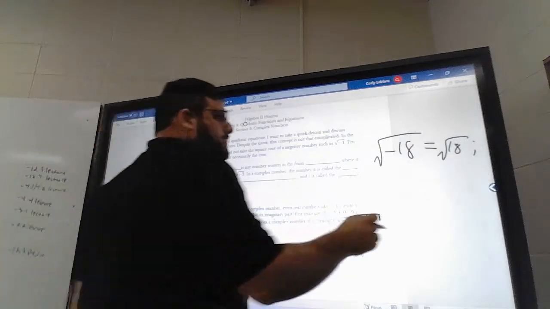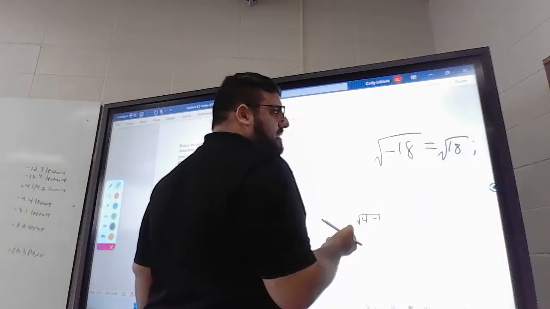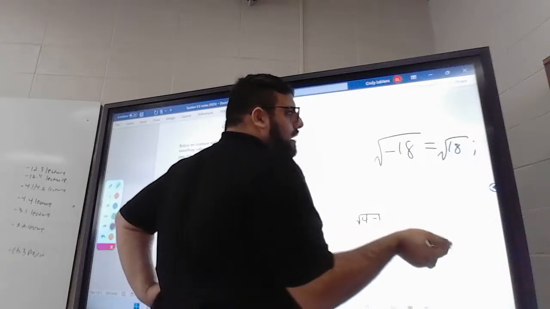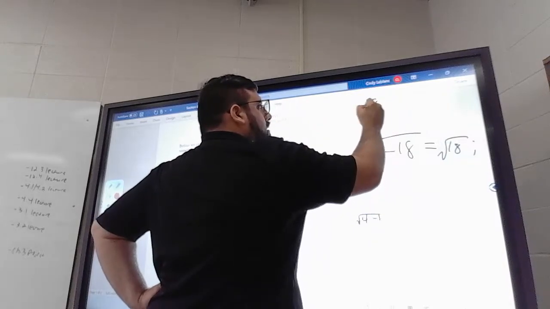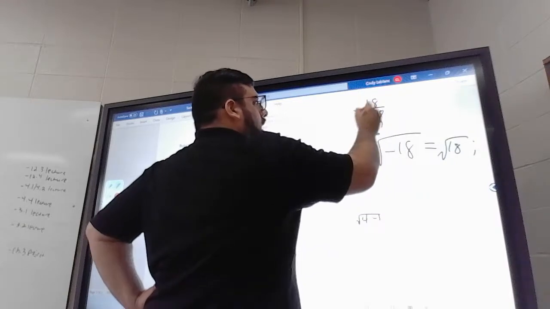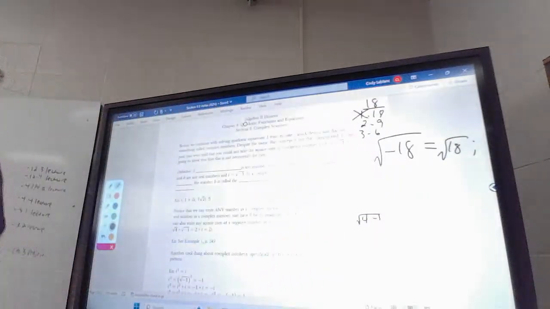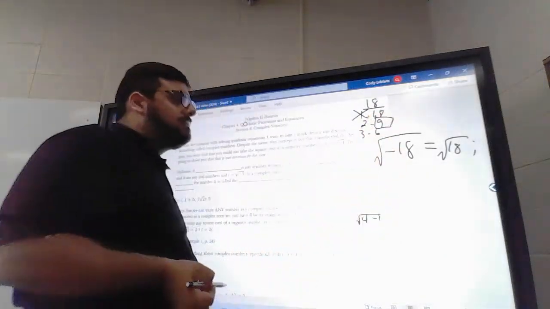Obviously, we take the negative out and put an i on the outside, because that's factoring out -1. But look at 18. Here are the factors of 18: 1 and 18, 2 and 9, 3 and 6. Other than 1, the only one of these factors that's a perfect square is 9.